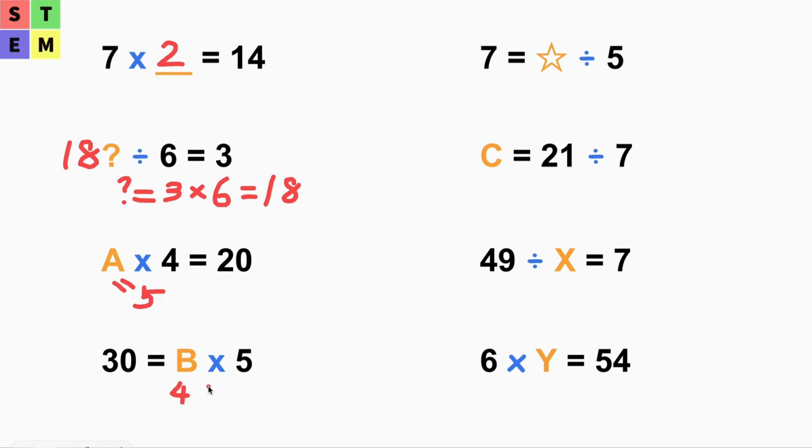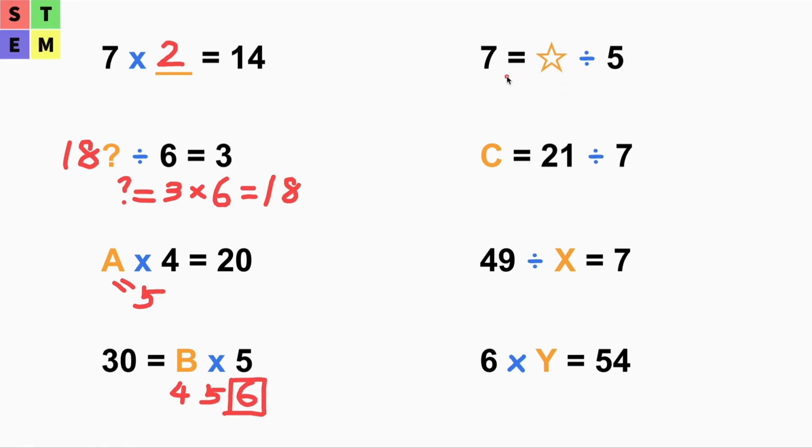Let's try 5. 5 times 5 equals 25, not 30 yet. And 6 times 5 equals 30. So B should be 6. 30 equals 6 times 5.